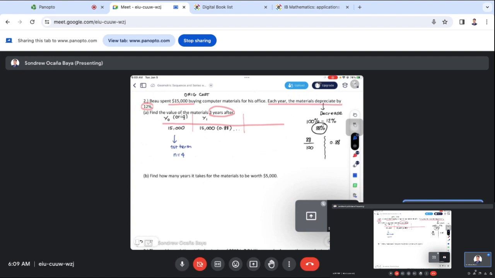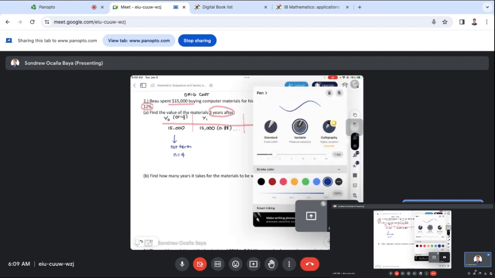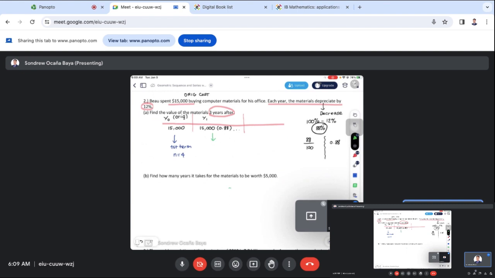But if I would consider this as my first term instead, then we can normally use n equal to 3 years. It really depends on your preference. In this particular solution, I would choose the former, which is the original price, because I don't have to compute. I just have to adjust my answers.